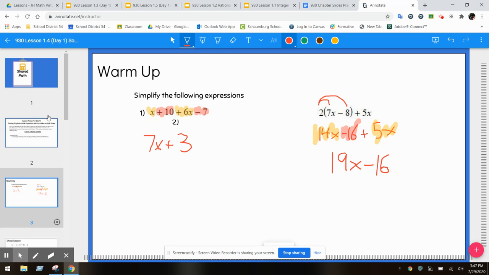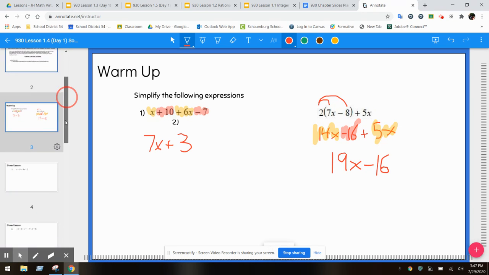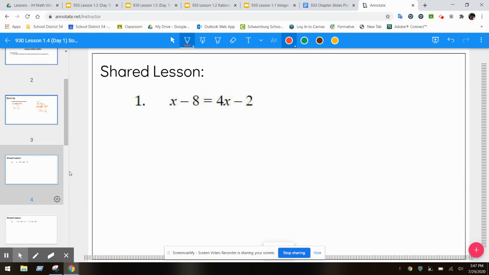All right, so let's look at our first equation. When I teach solving equations, I always teach my students about this acronym. It's called DCGAM.